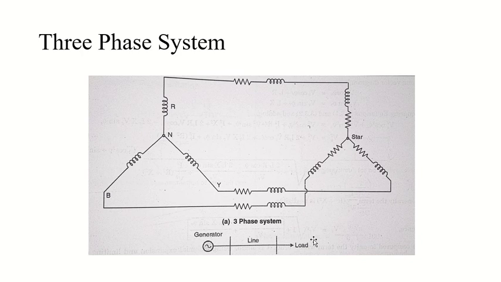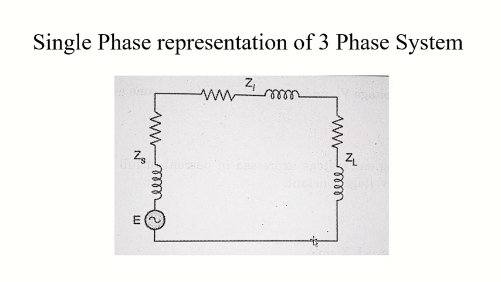If you want to represent this three-phase system as a single phase system, how do you represent it? We can represent it this way. You will have a generator, which you indicate with E or G, whatever you want.